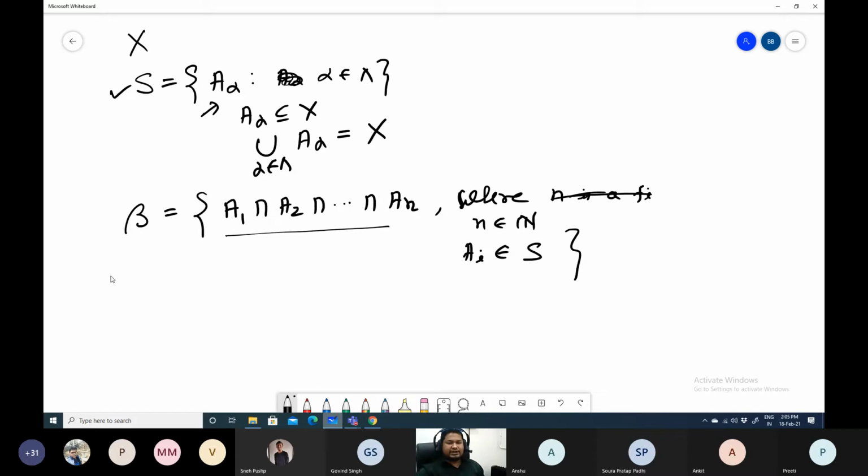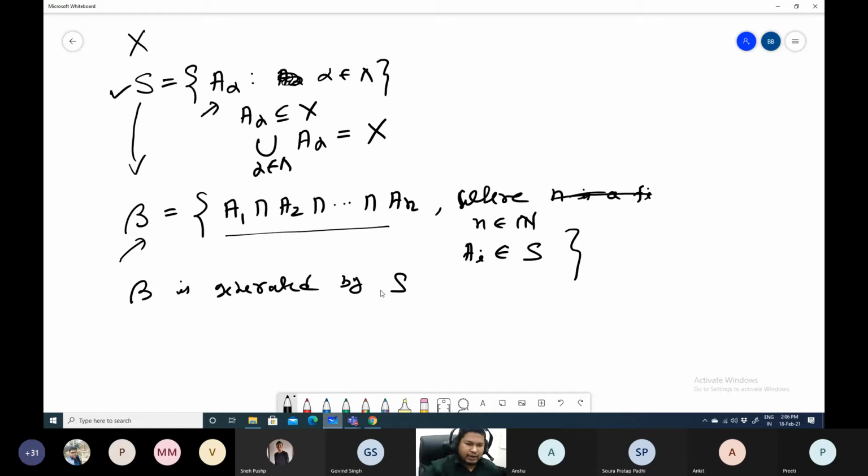In the last lecture we checked that beta forms a basis. This is called that S generates beta, or beta is generated by S.